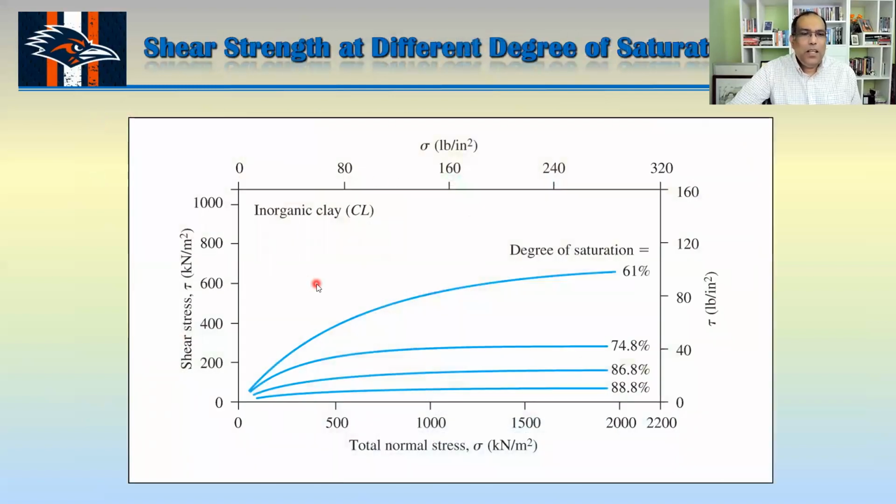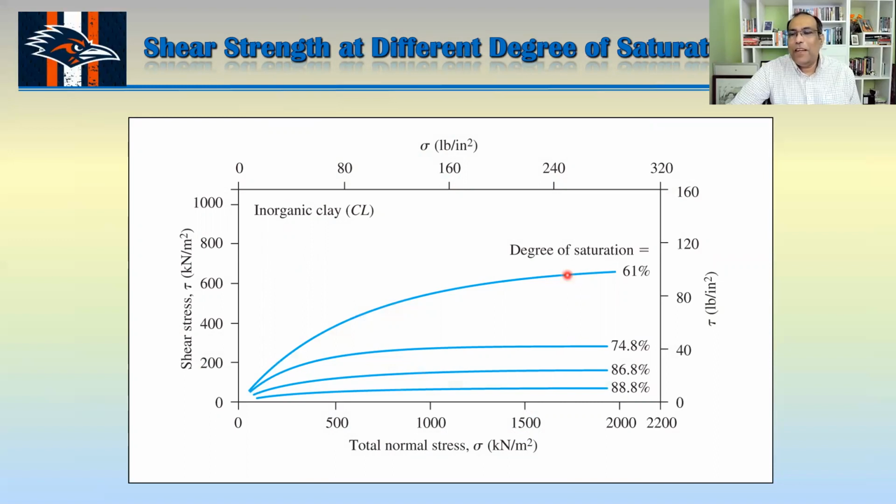Here is the picture, you can see shear stress and normal stress, and this is your degree of saturation. Okay, you can see when your degree of saturation is close to 100%, your strength is not that high. On the other hand, at only 61% degree of saturation, your strength is here.